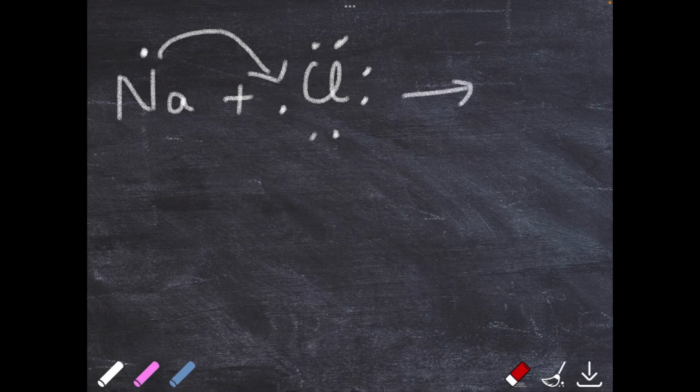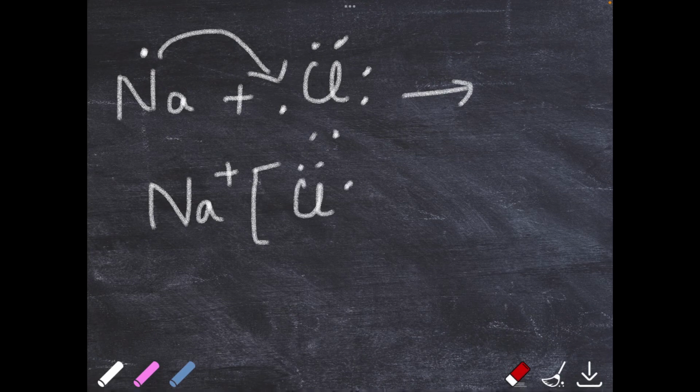So sodium gets a positive charge and chlorine, its octet is complete and it gets a negative charge. This is how we represent the formation of sodium chloride.